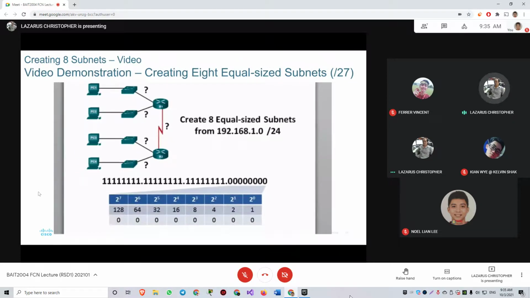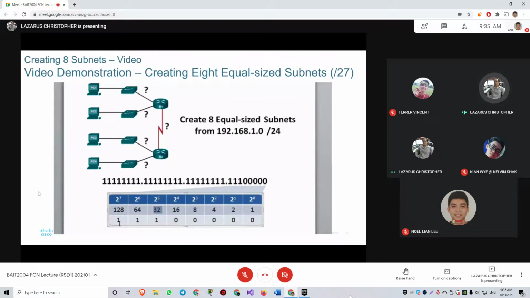We're going to borrow bits from the host portion of the subnet mask. If we borrow 3 bits, we've borrowed 2 to the 3rd power of bits, and 2 times 2 times 2 is 8, so this will create 8 subnets.